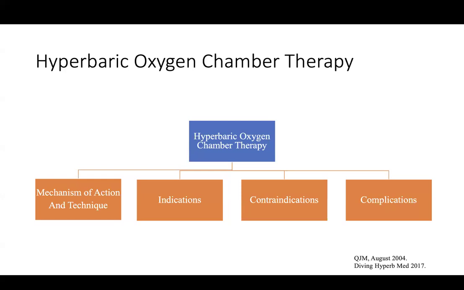The absolute contraindication for hyperbaric oxygen therapy is pneumothorax, whereas relative contraindications can be obstructive lung disease or a patient who has a seizure disorder, because there can be CNS toxicity from administration of high oxygen concentration.